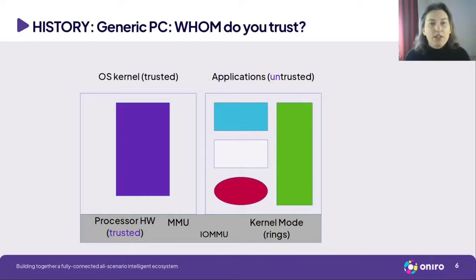And you have your OS kernel running in the kernel mode. The OS kernel is something that you trust. Then you have applications, and those can be untrusted or partially trusted. Applications come in different shapes and colors.